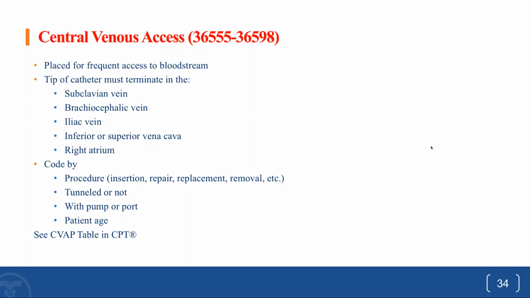Final answer, please, using your chart. If he's coming in for insertion of a catheter, he's 70 years old and it is non-tunneled. Answer in the chat box. Non-tunneled.